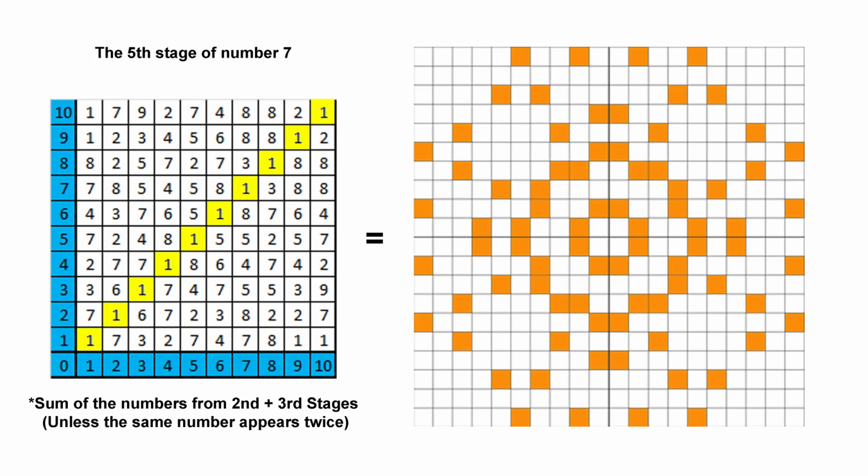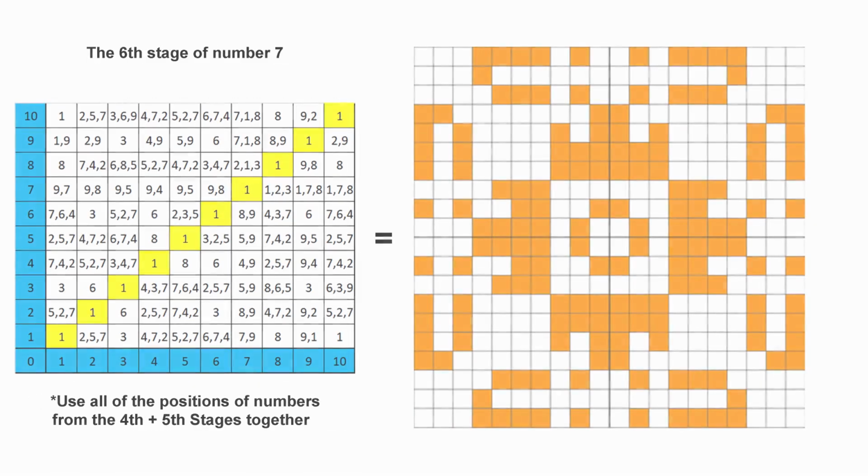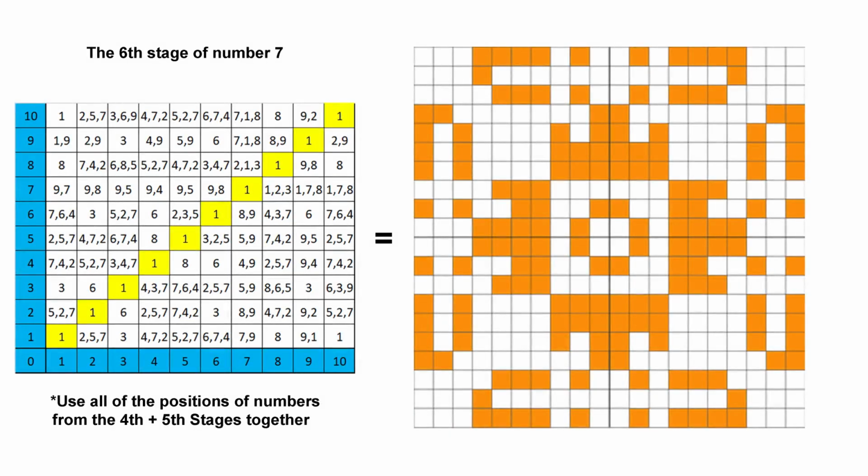Unless the same number occupied the same position twice. In that case, just count it once like an angel number. To see the sixth pattern, highlight all of the positions that the number occupied in both the fourth stage and the fifth stage too.